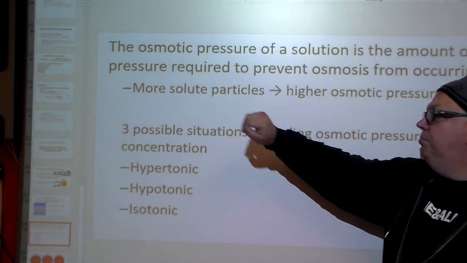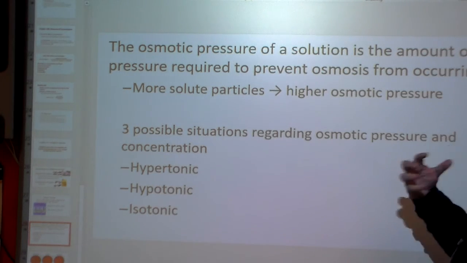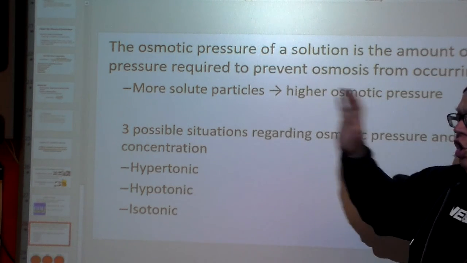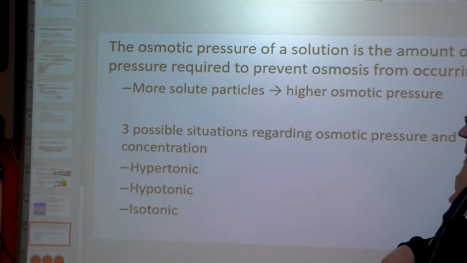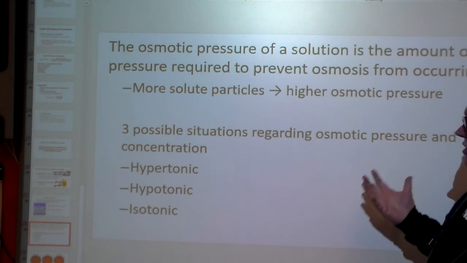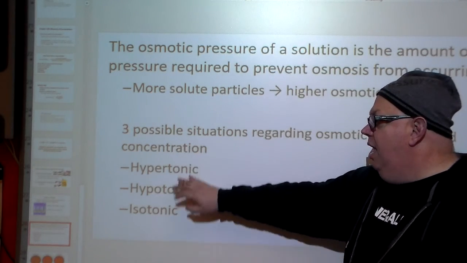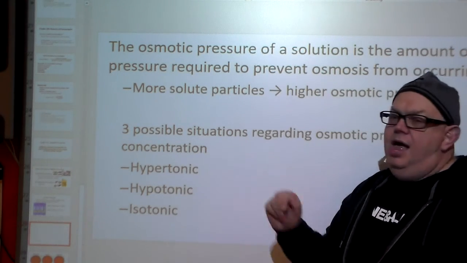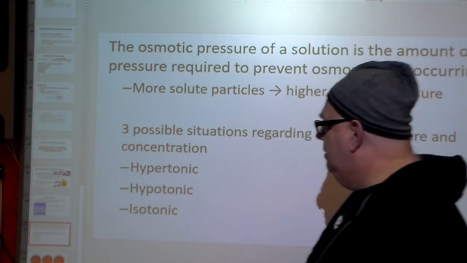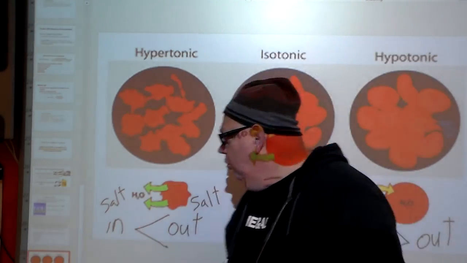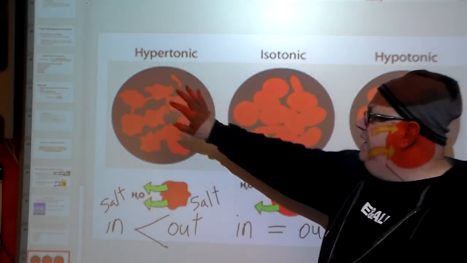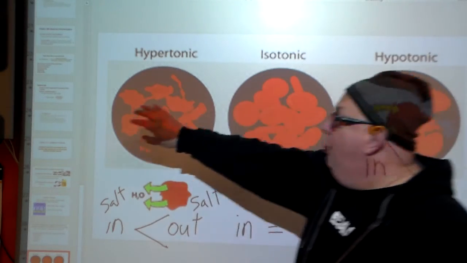The more solute particles you have, there's going to be a greater osmotic pressure to hold back the osmosis process. Which then, when we talk about osmotic pressure, we got three things happening. Hypertonic, hypotonic, isotonic.